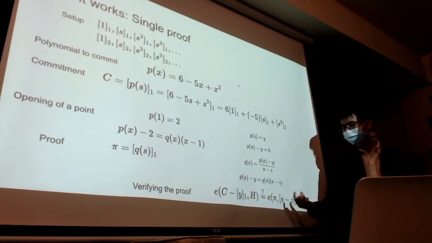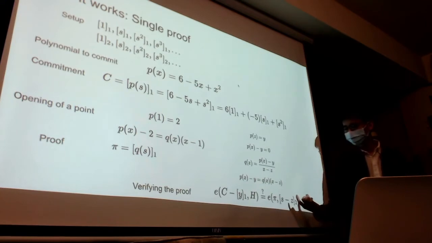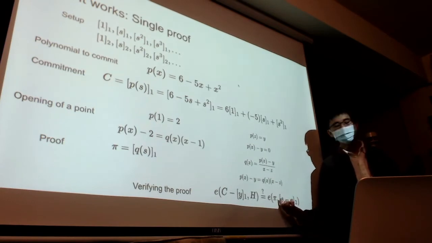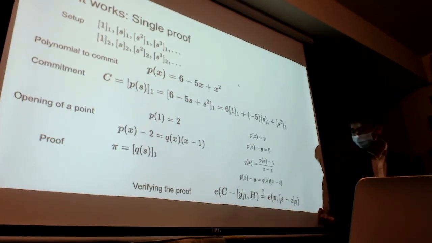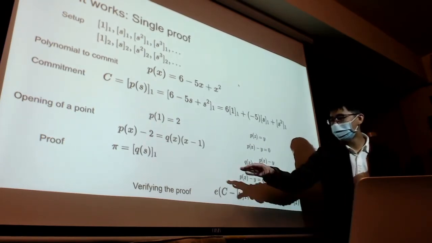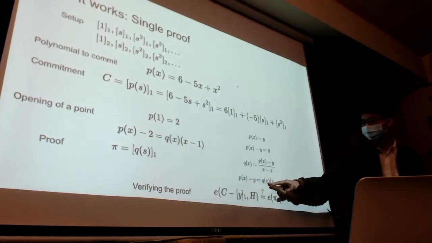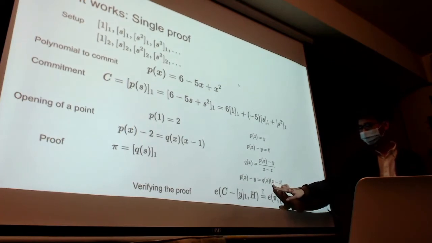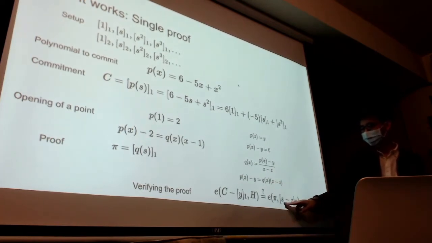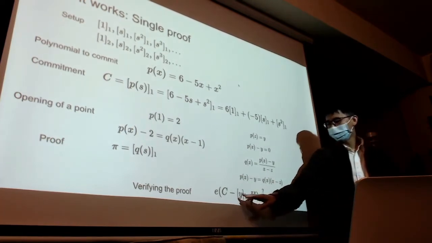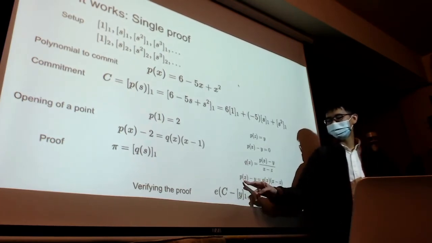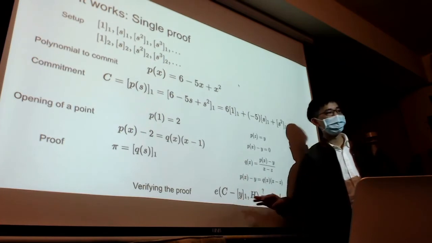Because the pairing formula allows you to evaluate the relation of multiplication. So as you can see, pi is Q(x) evaluated on S, and here is x minus z evaluated on S, and here is y, and the commitment is P(x) evaluated on S.